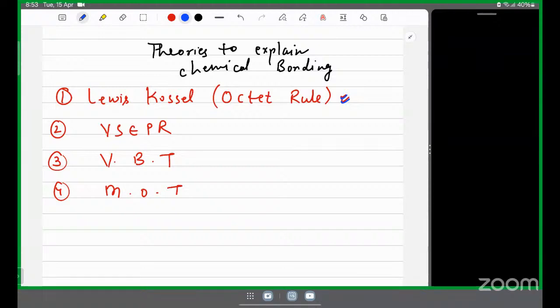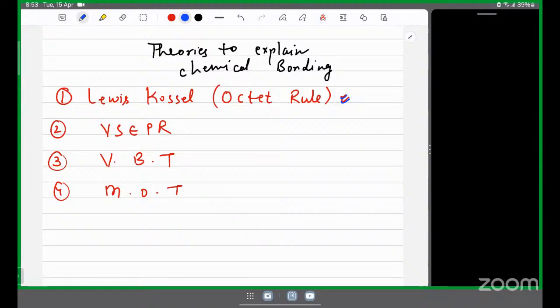This is because it is observed that noble gases are stable and they do not react with any other element. If you look at the electronic configuration of the noble gases, you will observe that they all have 8 electrons in their valence shell except helium. Helium has 2 electrons.